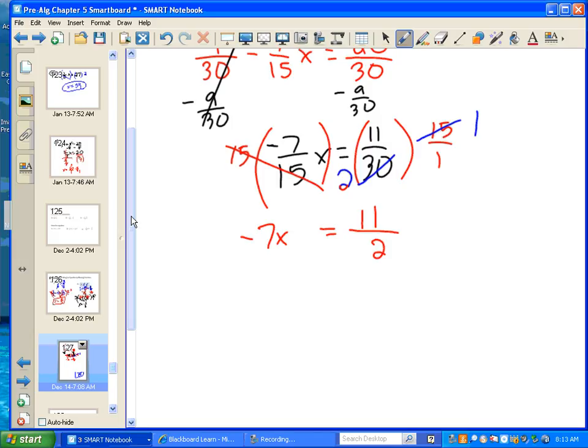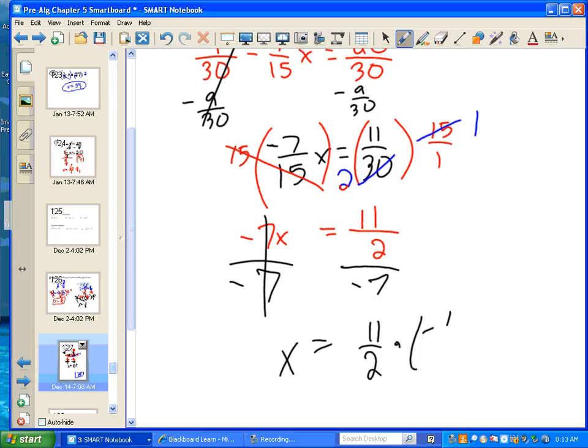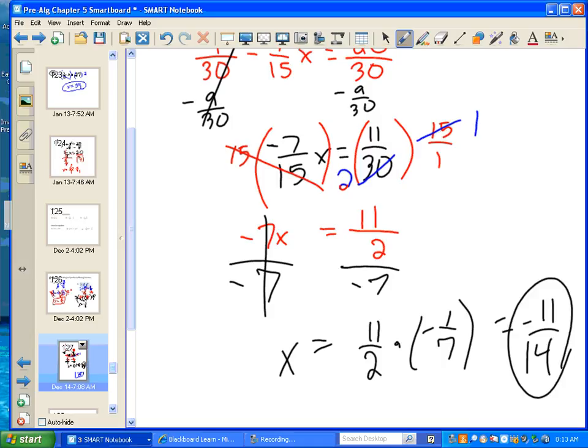You can't get rid of this negative 7 by multiplying, because negative 7 times negative 7 is 49. You have to divide both sides by this. So that's where you made your mistake. When you're dividing, Drew, you end up with 11 over 2 times negative 1 over 7. Multiply by the reciprocal, multiply across the top, across the bottom. That's how you get negative 11 over 14.